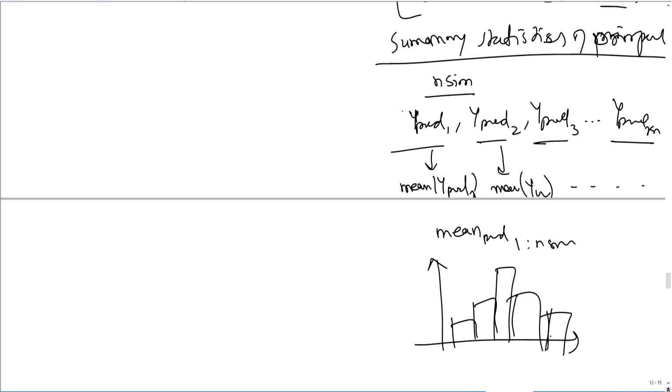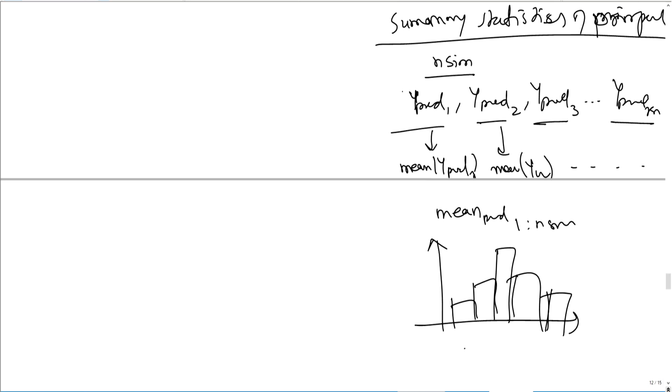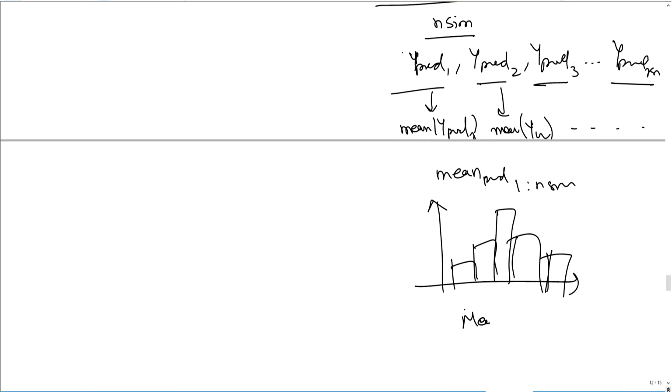This is the mean or average of prior predictive samples. And what does this mean? What this graph shows you is that under the assumption that theta comes from p of theta, under this prior assumption, what would be the distribution of average response across, let us say, 500 experiments.